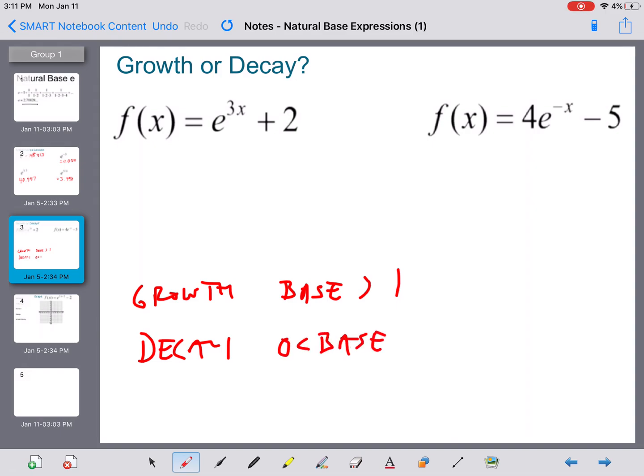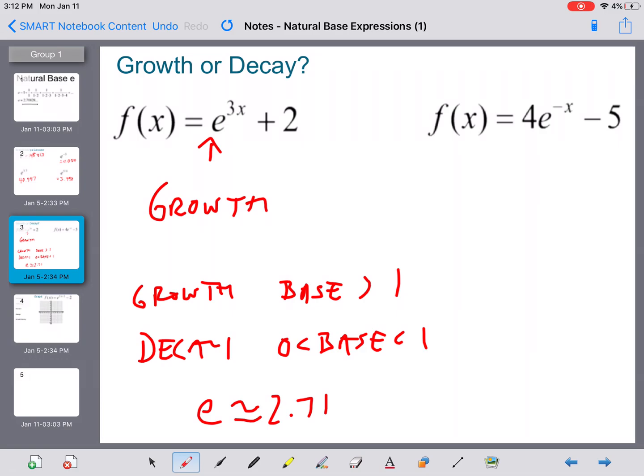So knowing that e is roughly 2.71, if we have a base of e right here, we would say that this should be exponential growth, and it is. You could also graph this and see what it looks like.